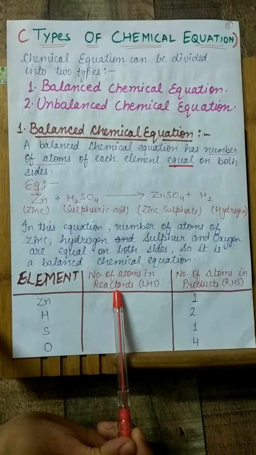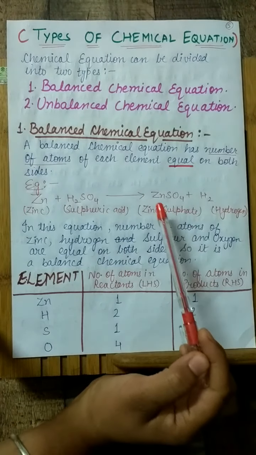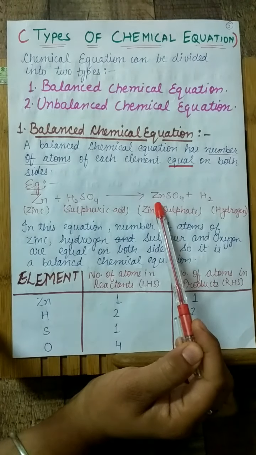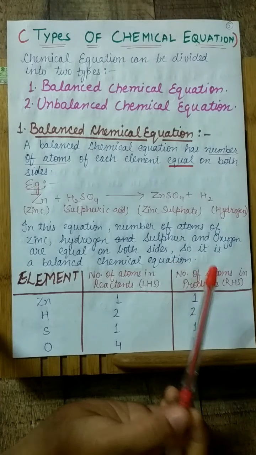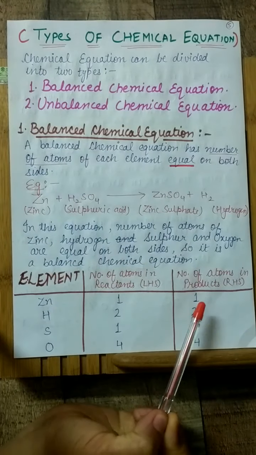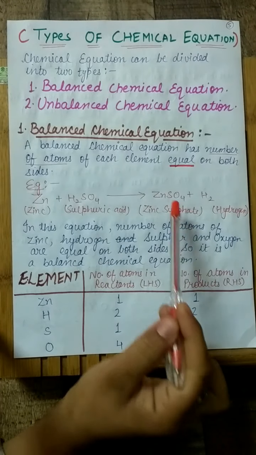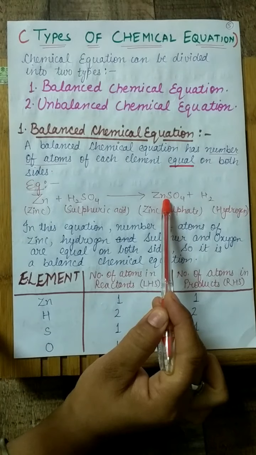Now we have to check the number of atoms in case of products. As you can see, zinc is singly placed, so it has only 1 atom, and I will write 1 here. In front of zinc I will write 1. Next comes the sulfur. The number of atoms is again equal to 1.